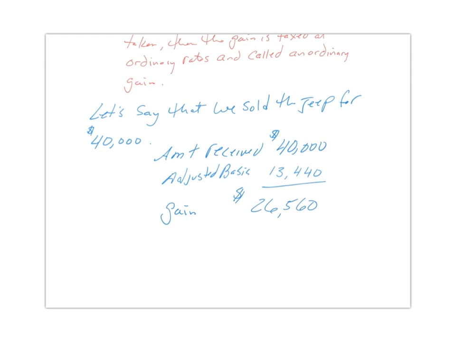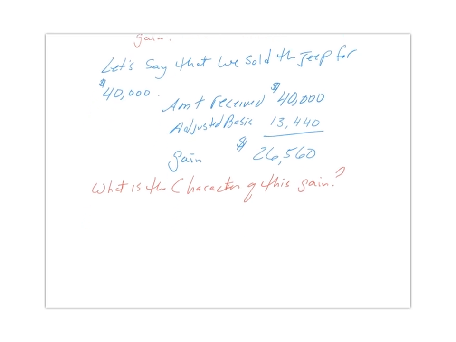Okay, so now we have the same basic question. What is the character of this gain? Okay. Well, just like last time, we have to look at this gain with respect to the amount of depreciation we've taken.